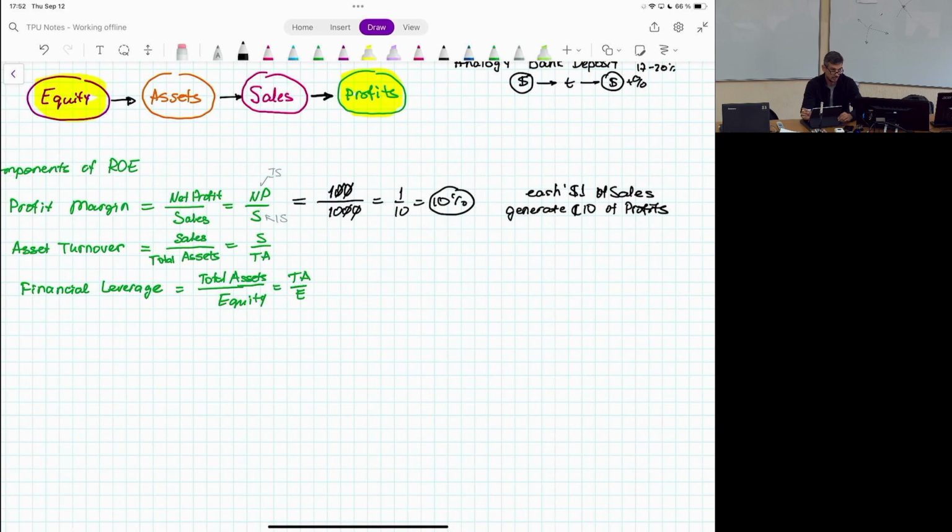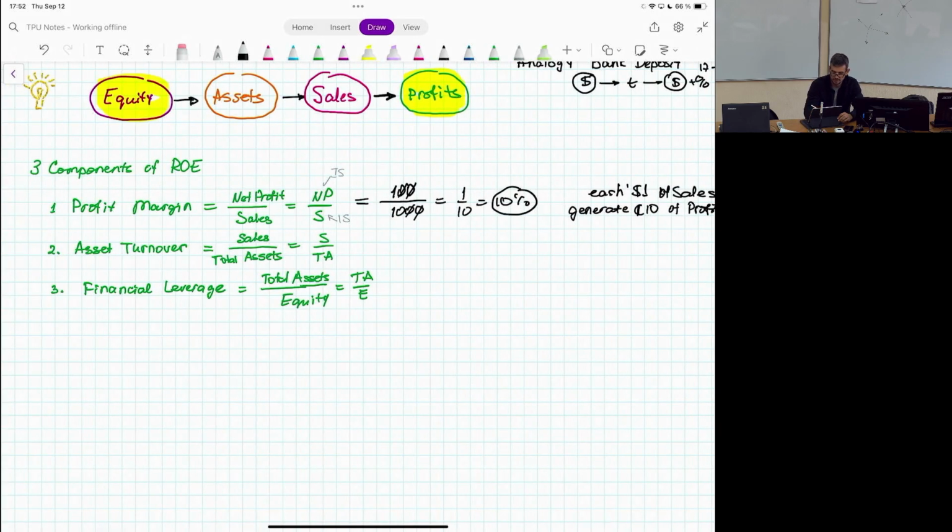То есть каждый доллар продаж генерирует 10 центов прибыли. Вот мы перевели уже в здравый смысл, то есть вот мы сколько получили выручки, вот сколько получится с нее прибыль. Давайте то же самое. Let's do the same with the asset turnover.